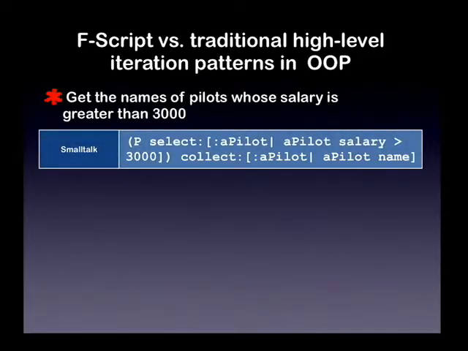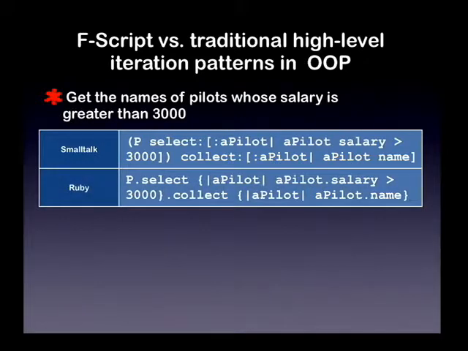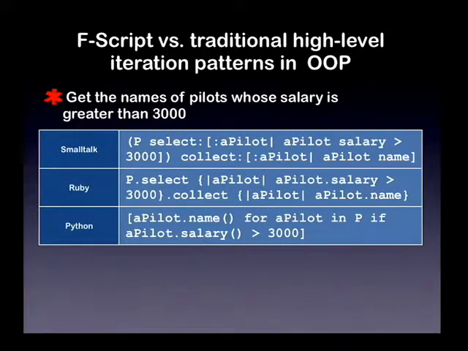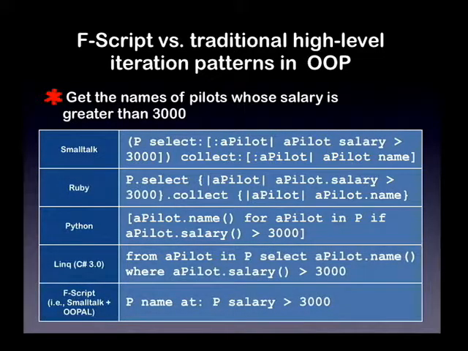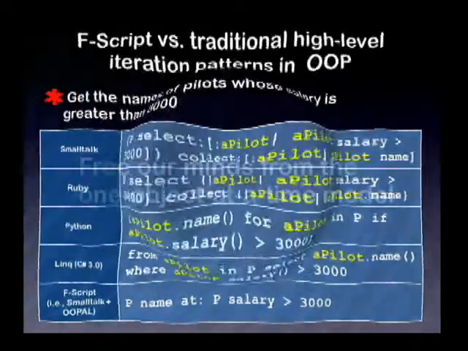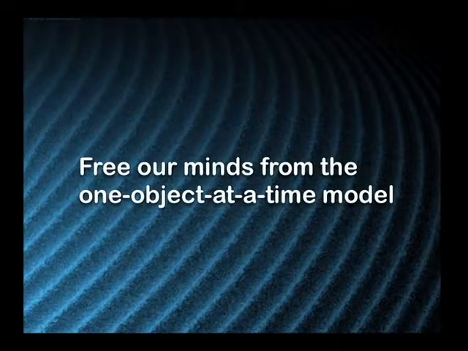Again, in Smalltalk. Ruby, same thing. Python, still using list comprehension. And LINQ, and FScript. Again, the difference is that in FScript, we try to free our mind from the one-object-at-a-time model.